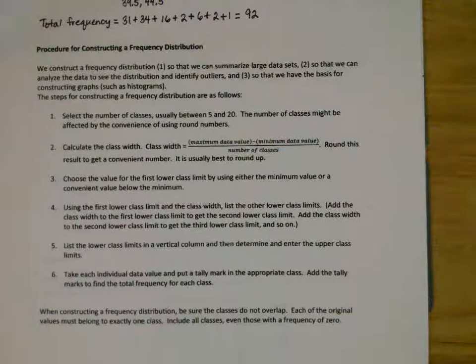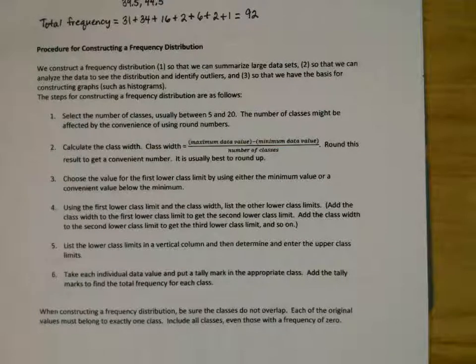Then number 4, using the first lower class limit and the class width, you're going to list the other lower class limits. So that means you're going to add the class width to the first lower class limit to get the second lower class limit. And you'll keep adding the class width to get the third, and so on.